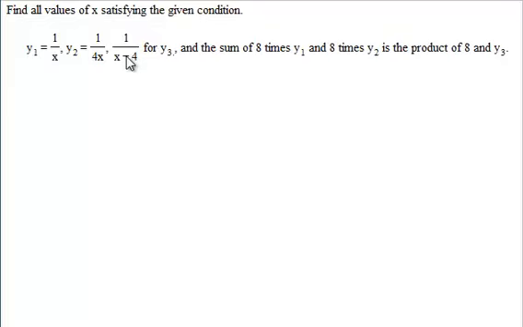All right, let's take a look at this problem where we're given values for y1, y2, and y3.